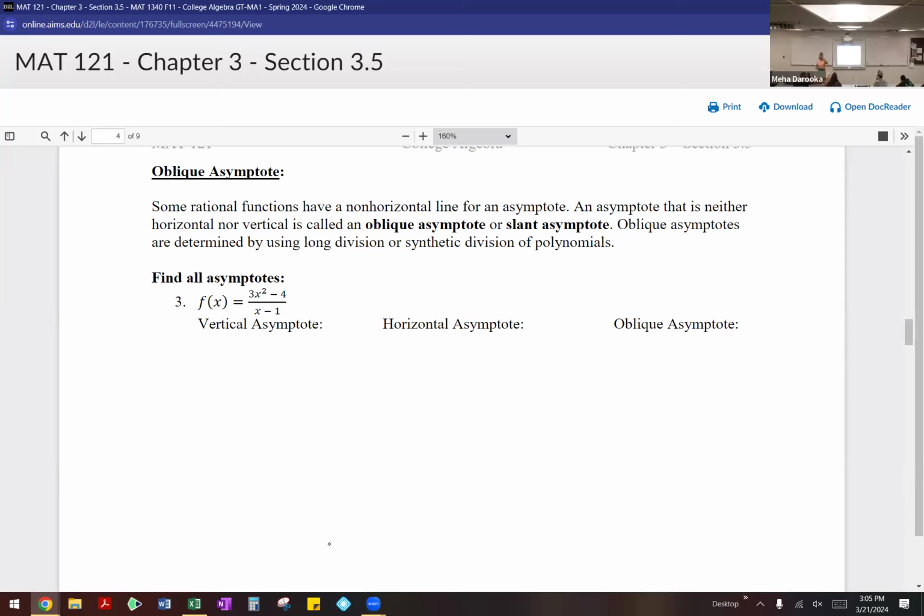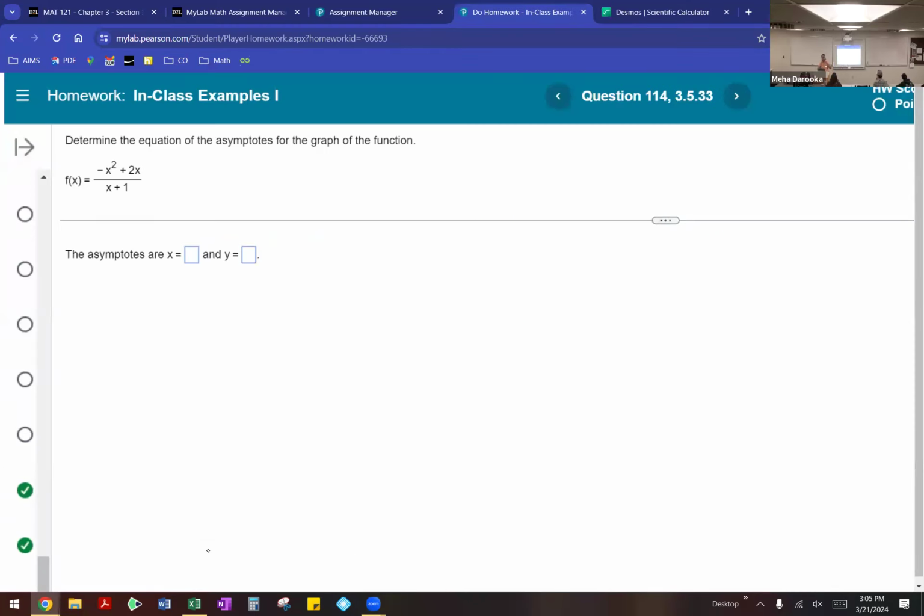Obviously, they're going to be at a slant, right? Positive or negative. Oblique asymptotes can be determined by using long division or synthetic division. If you can use synthetic division, that's probably what you want to use, but there is one example that does better with long division instead of synthetic. Okay, so let's do synthetic division for this guy.